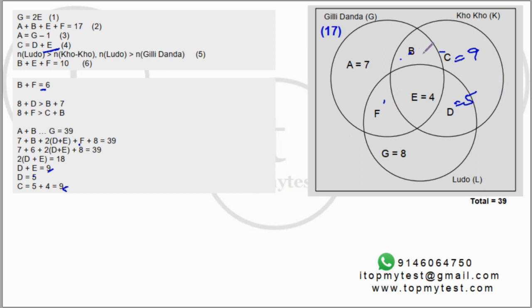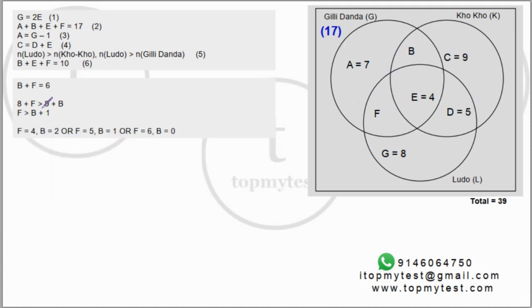Now B and F we don't know. B and F total is 6. Now let's try to work B and F together with this inequality. Okay, if I work it with this, because this total will be more than this total, I can say F is more than B plus 1.